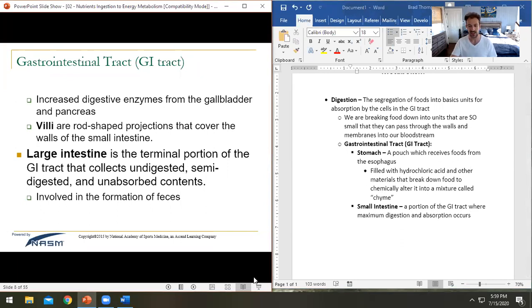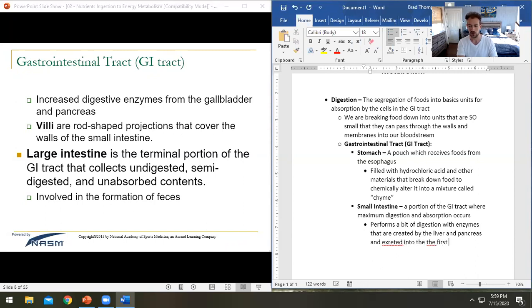Your small intestine also performs a bit of digestion with enzymes that are created by the liver and pancreas and excreted into the first portion of the small intestine.